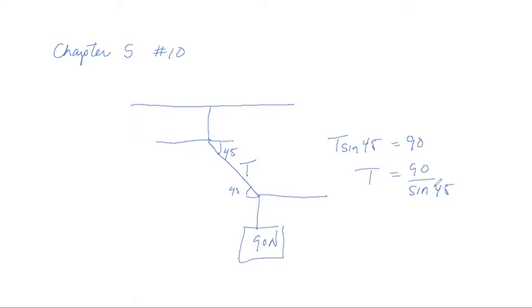Oh, I guess it's just 90 square root of 2. I don't know what the square root of 2 is. Let me get my other calculator. On clear, 90 times to the power of 0.5.